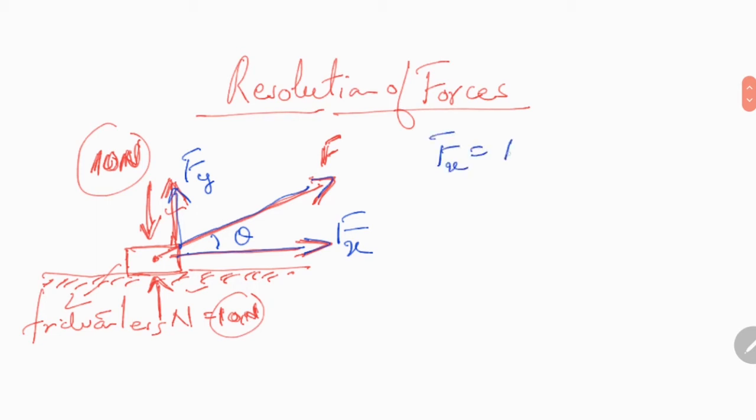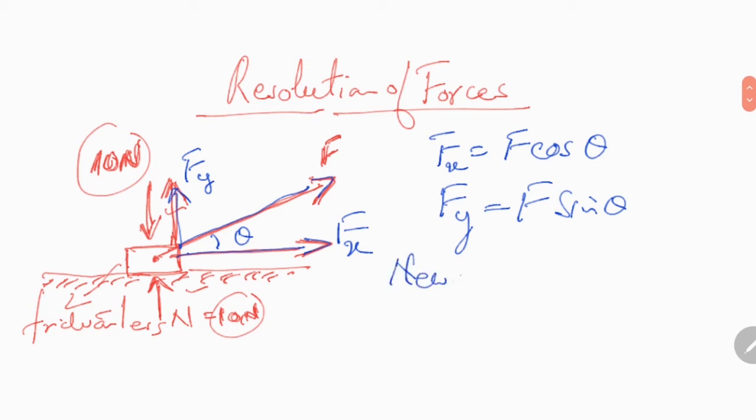Fx will be equal to F cos theta, and Fy will be equal to F sin theta. And what will be the new weight now? The new normal reaction will be equal to 10 minus F sin theta. Am I right?